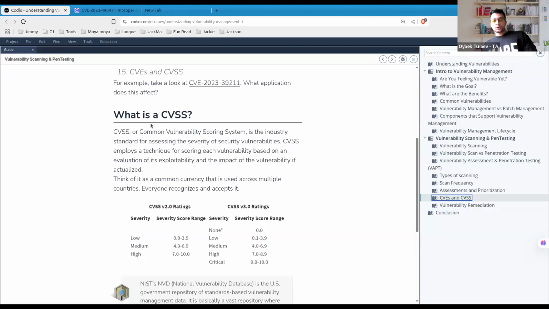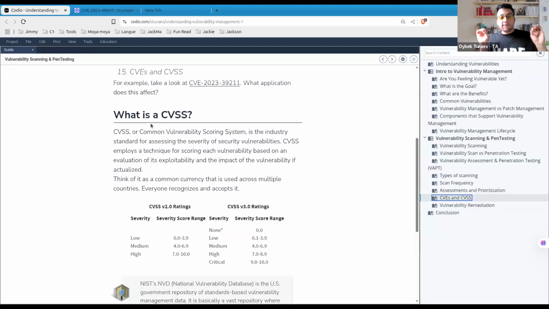CVSS comes with types of vulnerability severity, which are low, medium, and high. And they have specific scores, guys. We have scores from 0 to 10, okay? From 0 to 3.9, we call them low vulnerabilities.